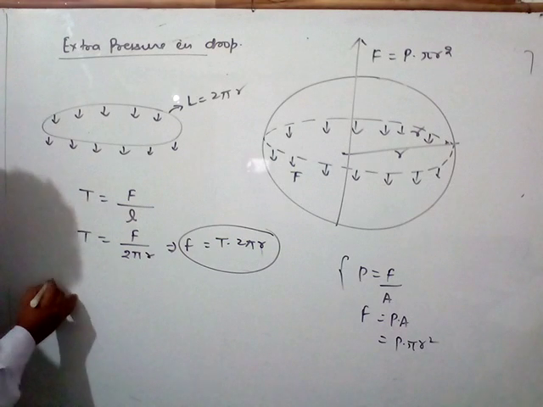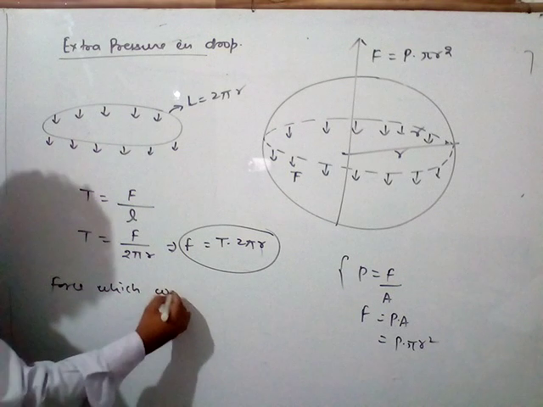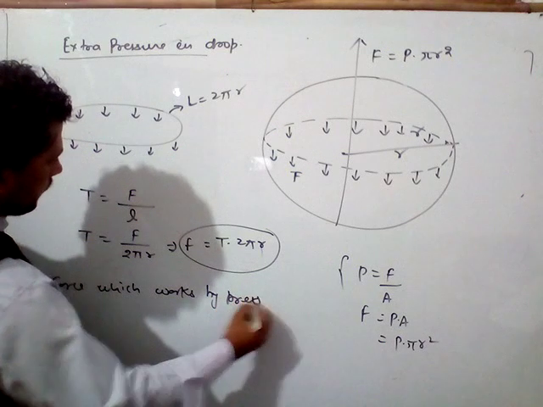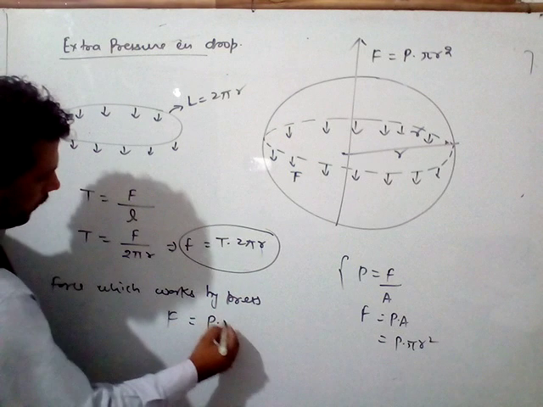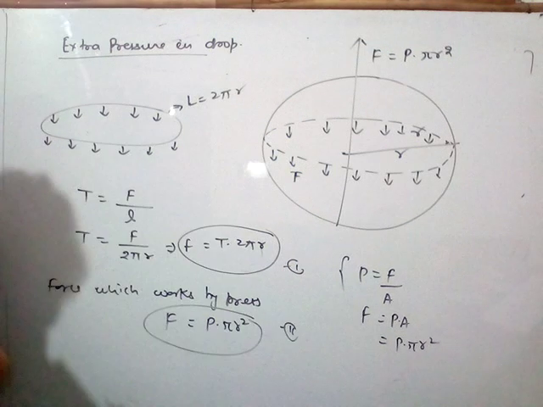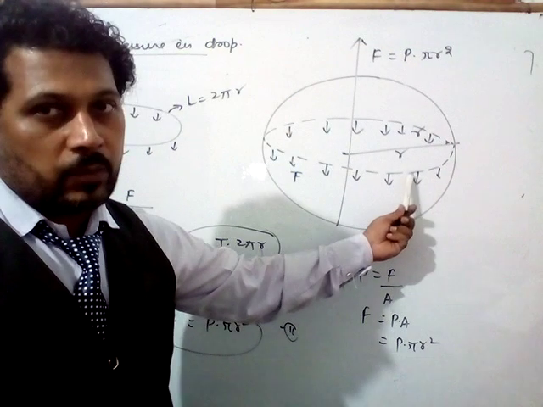So the force which works by pressure is equal to P into pi r square, and both will be balanced by each other. So this is a liquid drop whose radius is small r.